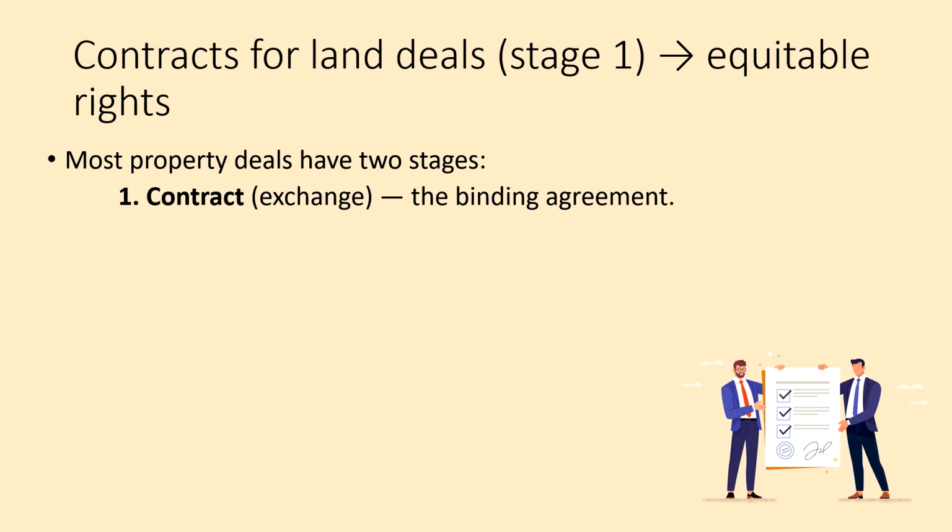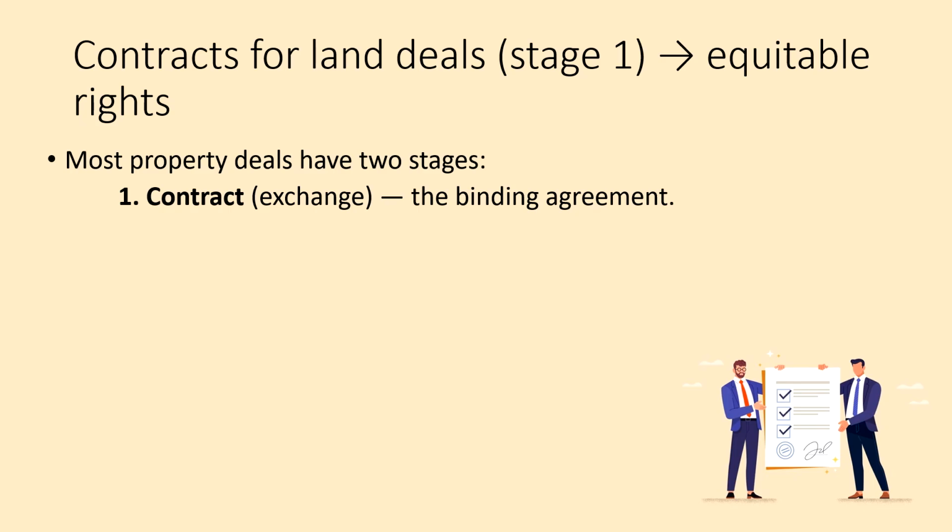So in the contract you might say, look, I want to buy the property once I've, for example, sold my own house first, something like that. So you make a binding agreement where you will need obviously the key things that you know from contract law, like an offer, acceptance, consideration, and legal intent.